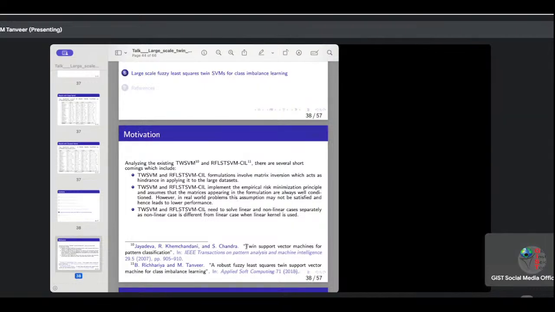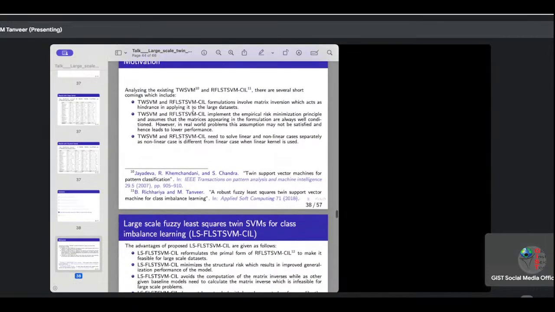So just a motivation: analyzing the existing algorithms, there are several shortcomings. First, the baseline algorithm involves matrix inversion that acts as a hindrance in applying it to large data sets. And both algorithms implement the empirical risk and assume that the matrices appearing in the formulation are always well conditioned.